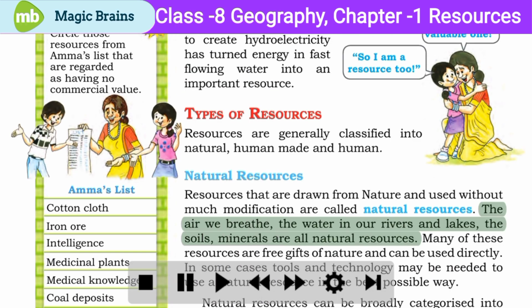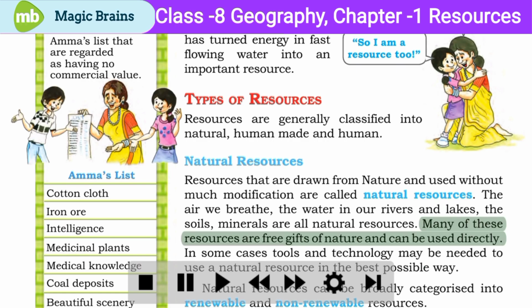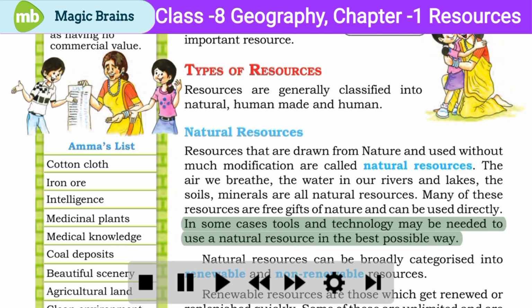The air we breathe, the water in our rivers and lakes, the soils, minerals are all natural resources. Many of these resources are free gifts of nature and can be used directly. In some cases, tools and technology may be needed to use a natural resource in the best possible way.